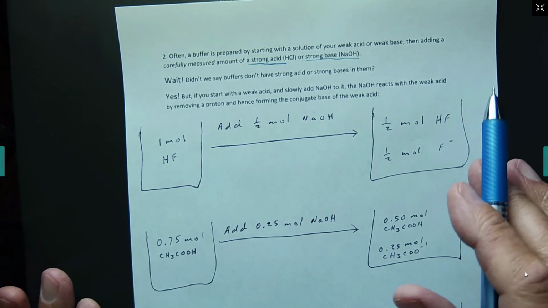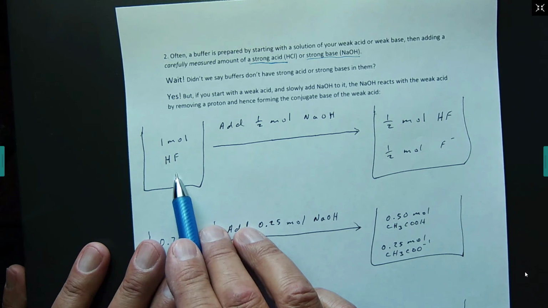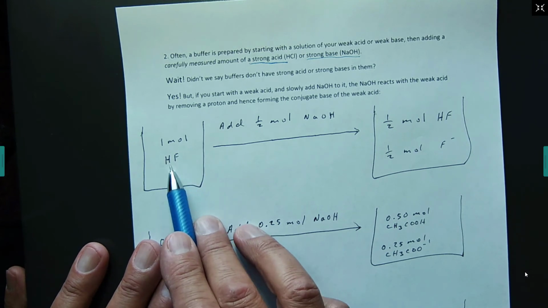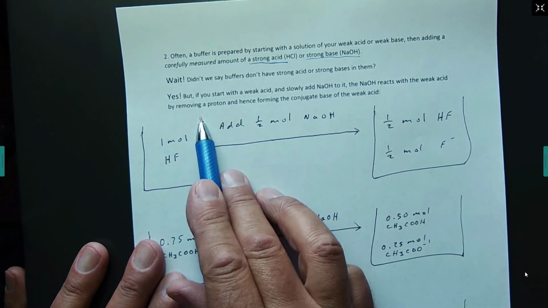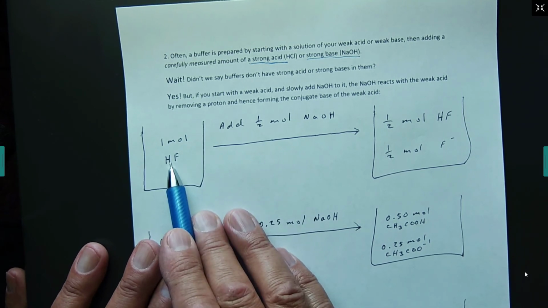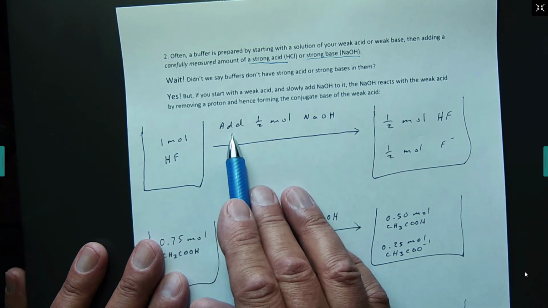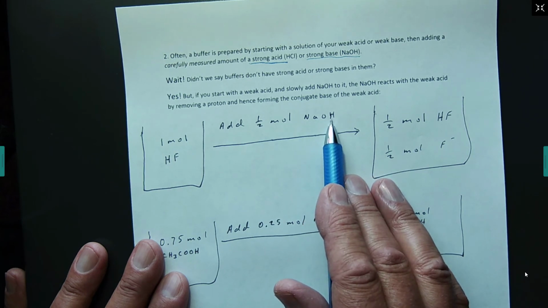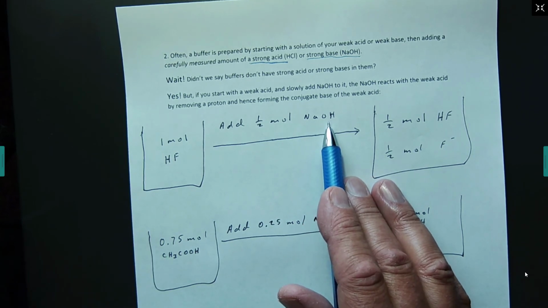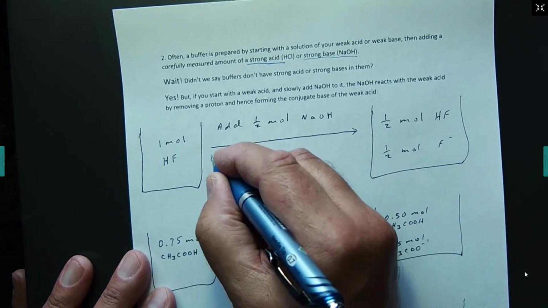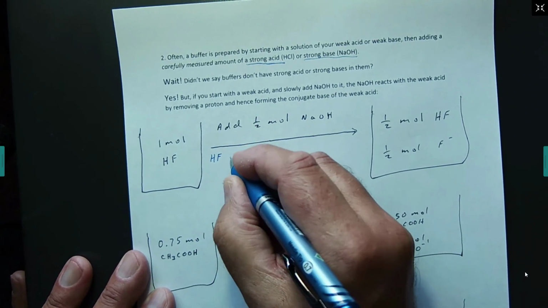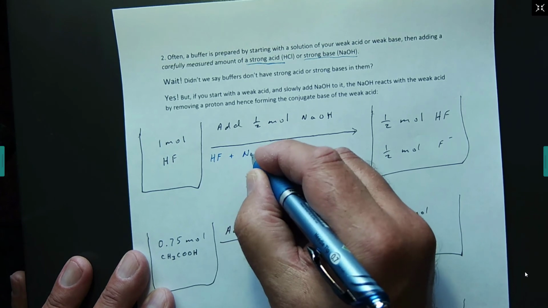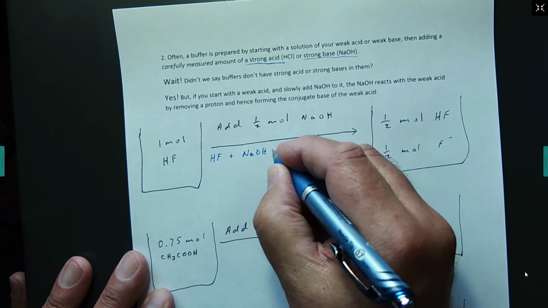Here's what's going on. Let's say I start with a beaker full of hydrofluoric acid. So I got 1 mole of hydrofluoric acid. He's a nice weak acid. And I only add half a mole of sodium hydroxide. Well, this reaction takes place. HF, my weak acid, reacts with my sodium hydroxide.